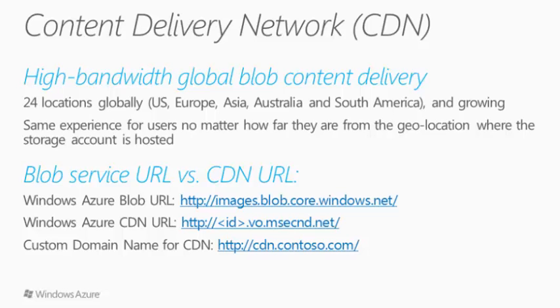Okay, now let's talk a little bit about CDN. The main idea of CDN is to deliver your static content, and you can store this static content much closer to the end user. So let's say that you have an Azure storage account called images.